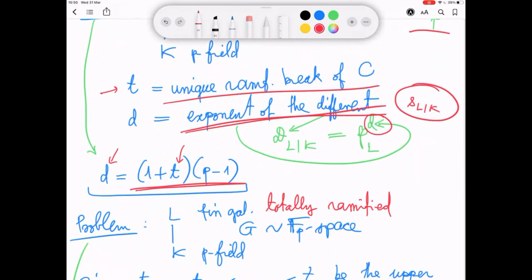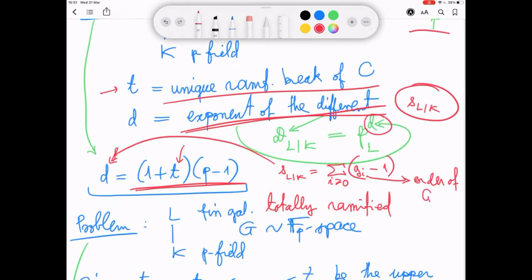I think I'd called this D S_{L/K} earlier. What we had proved was that it is equal to the sum over i greater than 0 of (|G_i| - 1), where |G_i| is the order of G_i.